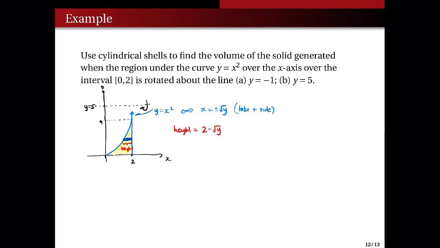And then the radius is from the axis of revolution up to this strip, which is represented by y. If this were y, this is 5 in here, so you have to subtract y from 5. So the radius is 5 minus y.